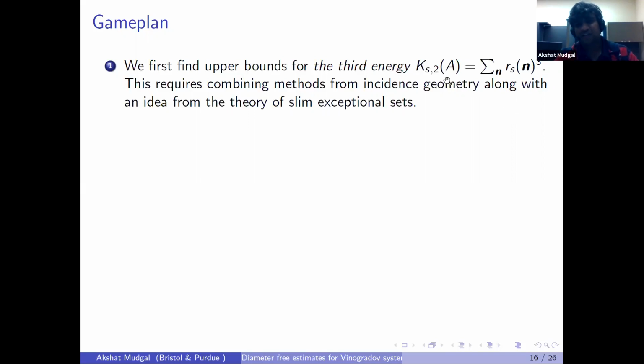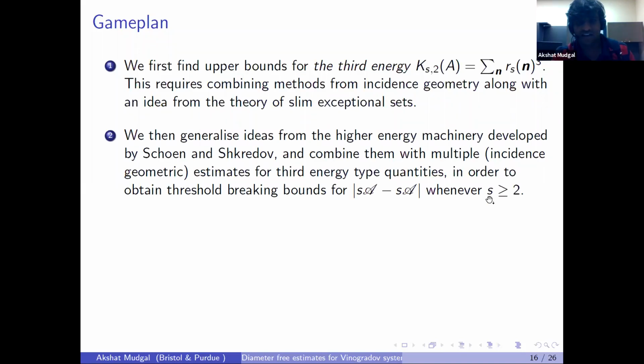Instead, we'll bound the third energy, because usually the Szemerédi-Trotter theorem can be seen as a third energy bound. For this, we'll require the Szemerédi-Trotter result, but also an input from the theory of slim exceptional sets. I'll get to it when I talk about step 1 in more detail.